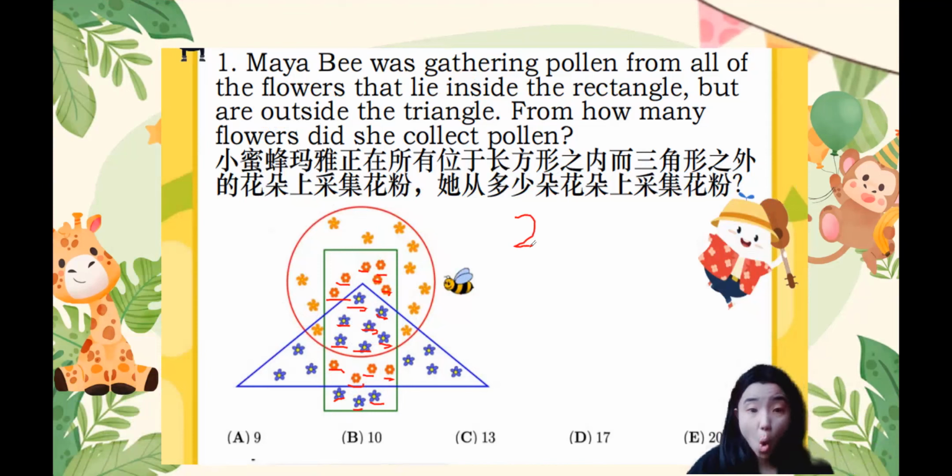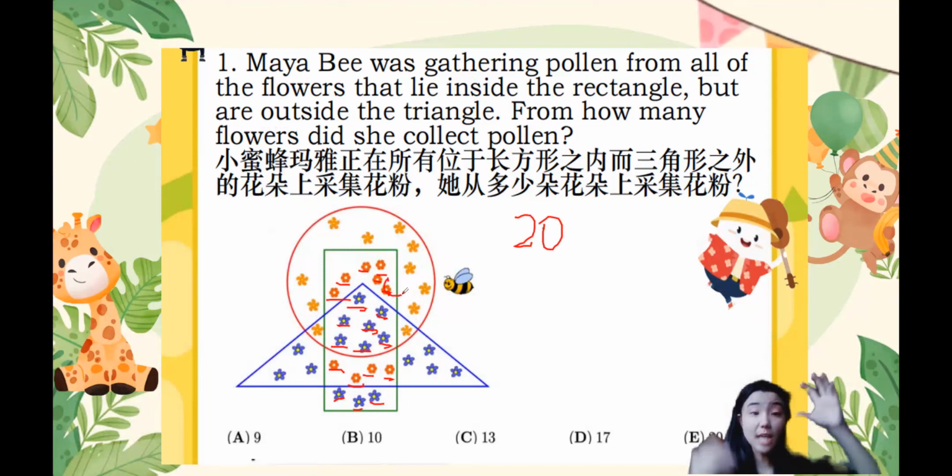Oh, there are 20 flowers inside the rectangle. No matter the size, there are big ones like this, red ones like this, also blue ones like this. But if they are in the rectangle, they are the flowers in the rectangle.